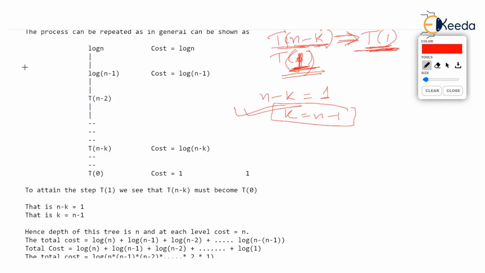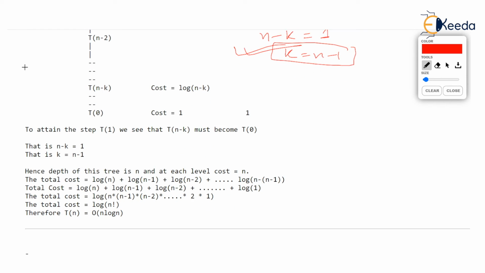Yes, exactly. So what exactly is going to be the total cost? The total cost is going to be log n plus log of n-1 plus log of n-2, up to log of 1. You watch the general term log of n-k, which was actually represented by T(n-k); k should become n-1, then only we will get T1. So I have replaced k with n-1.